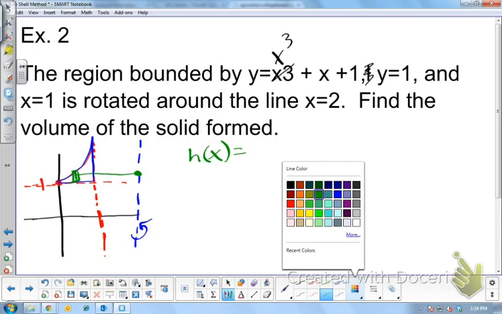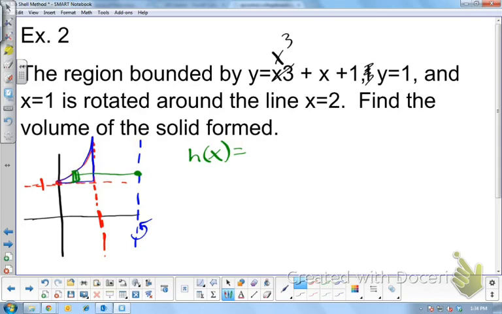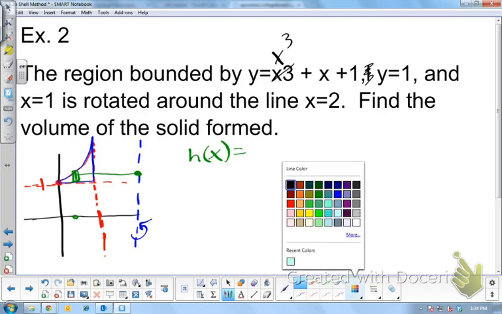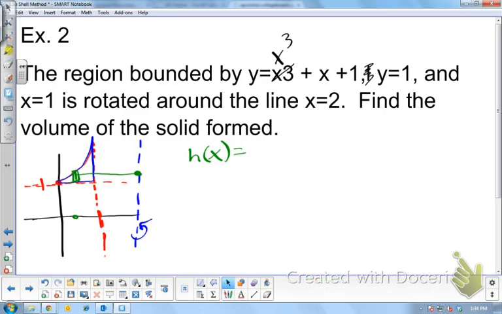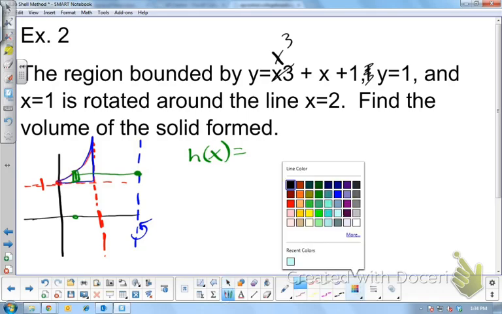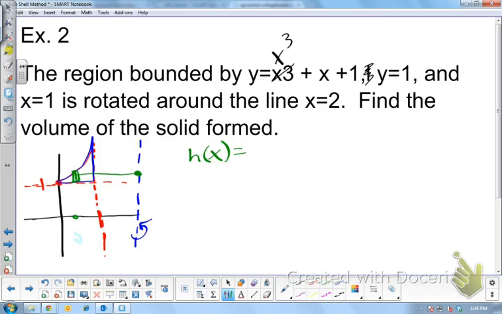The y value in this case takes us from the x-axis all the way to the function. That has a whole lot of extra space.